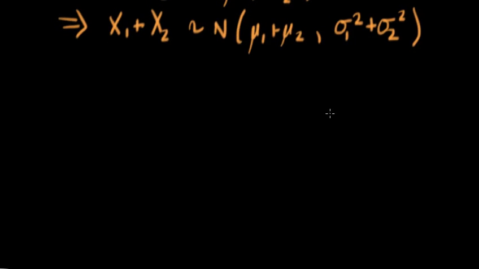Well, we recall that for independent random variables, the moment generating function of their sum is equal to the product of their respective moment generating functions.